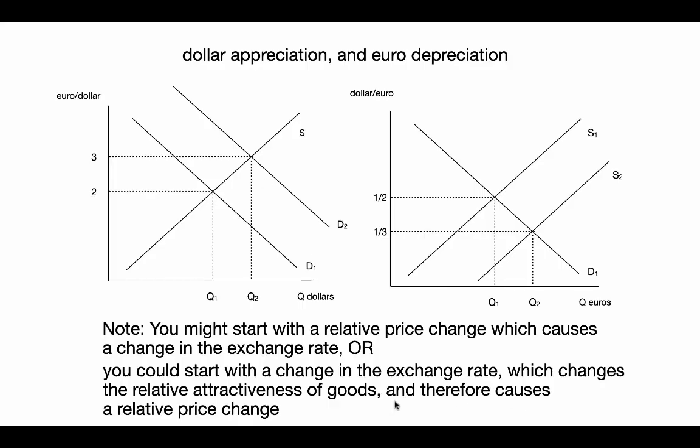And so that changes people's buying behavior and therefore changes relative prices, right? So here we started with the relative price difference that led to an exchange rate change. We could start with the exchange rate change leading to that relative price difference. So it just depends on what scenario we are thinking about here.